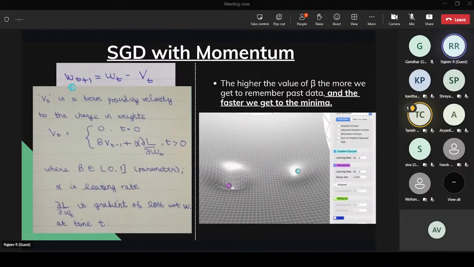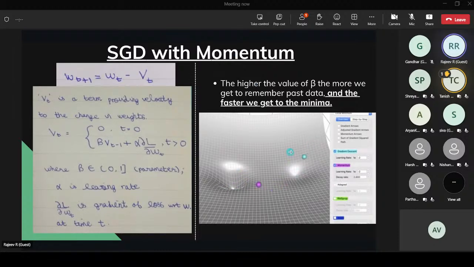When I say change in variable, it's your variable after the iteration is complete minus the variable before the iteration. Your change in variable is given by V of t, where V of t is the term providing velocity. As the term suggests, SGD with momentum involves velocity applied to the variable. When you have velocity, you tend to improve your speed, and when you have speed, you can escape smaller or local minimas and go to the global one.